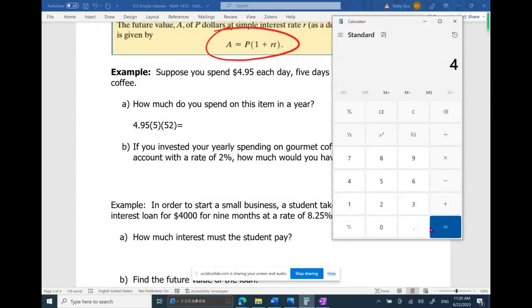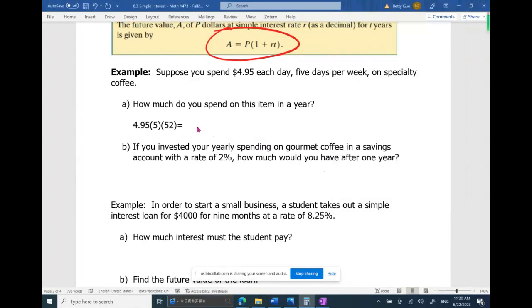And so we have 4.95 multiplied by 5, and then multiplied by 52. $1,287.